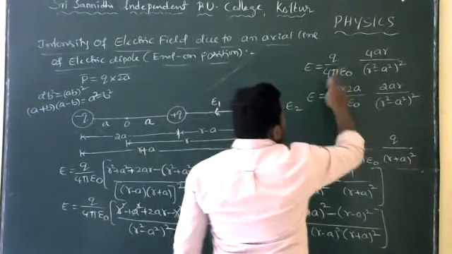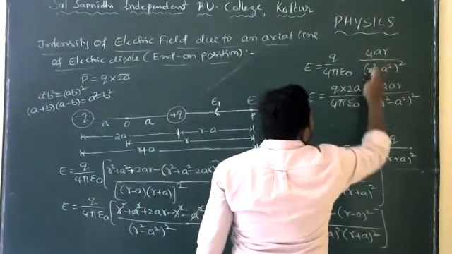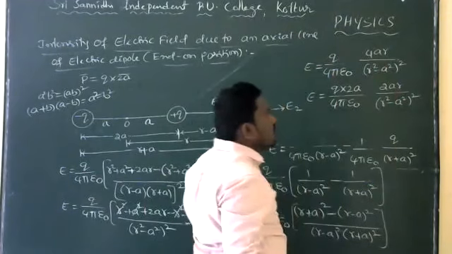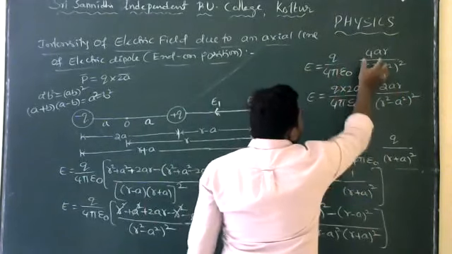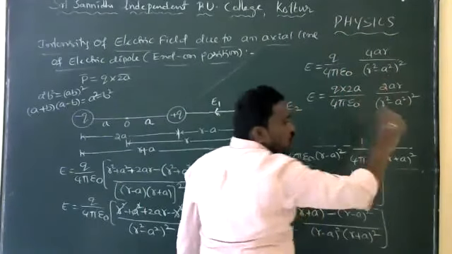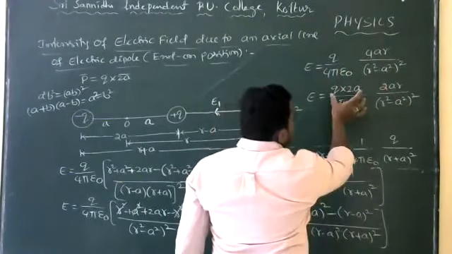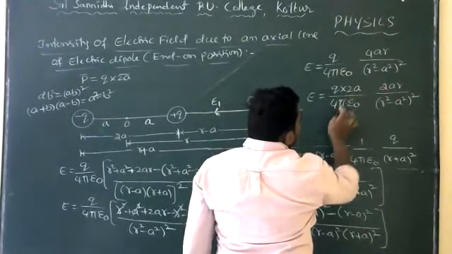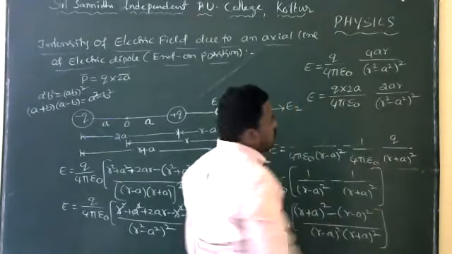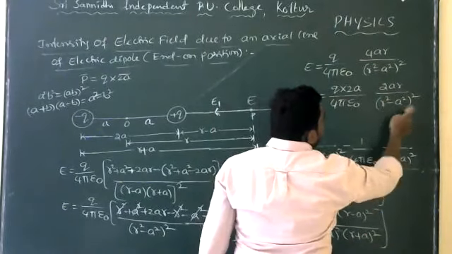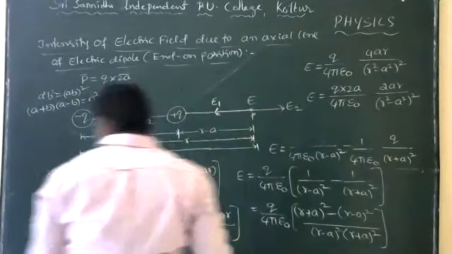So Q by 4 pi epsilon naught times 4AR divided by (R² − A²) whole squared; 4A can be written as 2A into 2, and taking one 2A out, Q into 2A upon 4 pi epsilon naught, remaining 2AR divided by (R² − A²) whole squared.